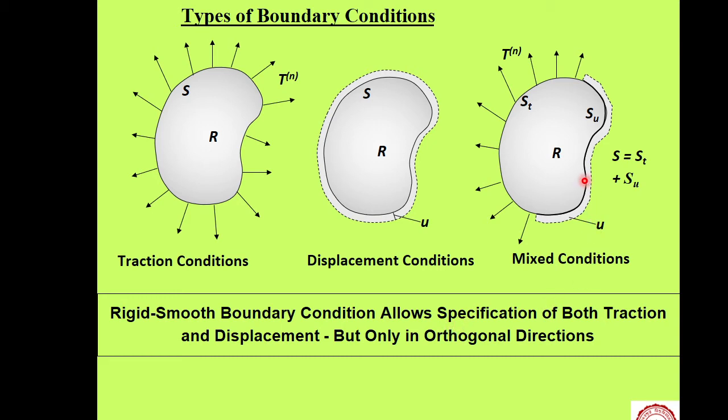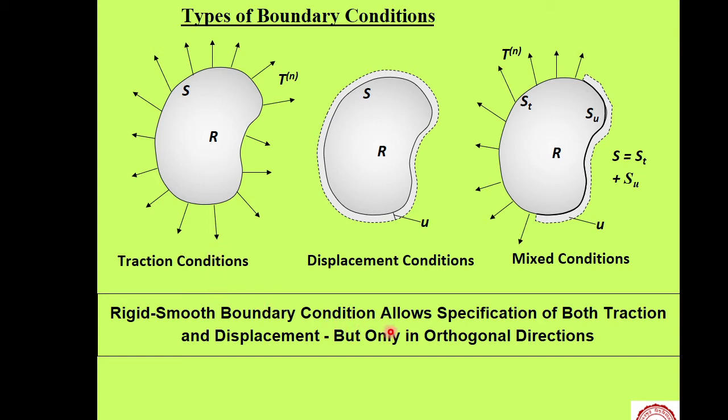So this is not a mixed boundary condition, what is stated here. In different regions of the body, we have different types of boundary condition. But this is for a particular point, we have a mixed type. In one direction, we have a particular type of boundary condition, say a force condition.